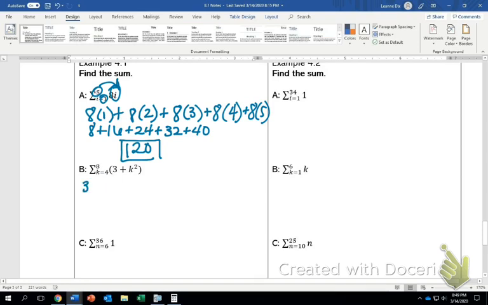But it would be (3 + 4) squared plus, and sometimes it's a little easier to see the rule if you use parentheses around it, (3 + 5) squared plus (3 + 6) squared plus (3 + 7) squared plus (3 + 8) squared. Okay, so we've plugged everything in, and then we can use a calculator to find out what all this is. If we use a calculator, we should end up with this.